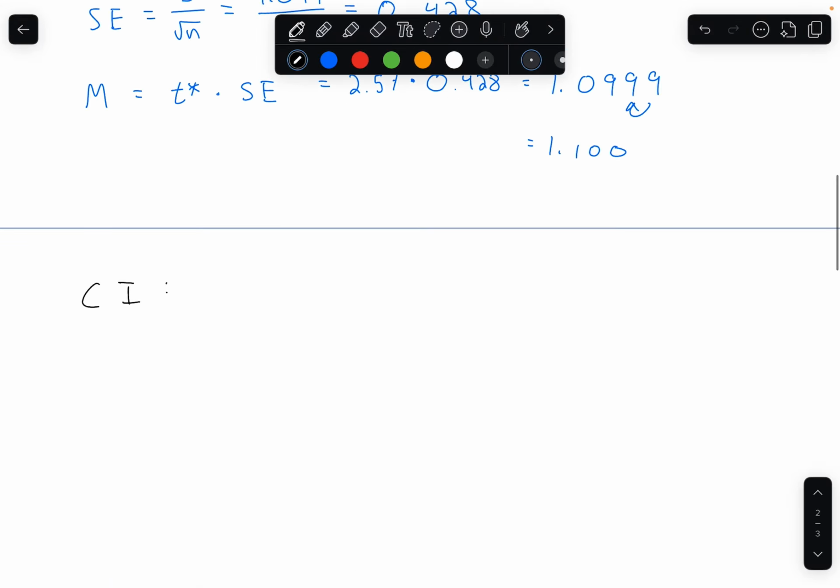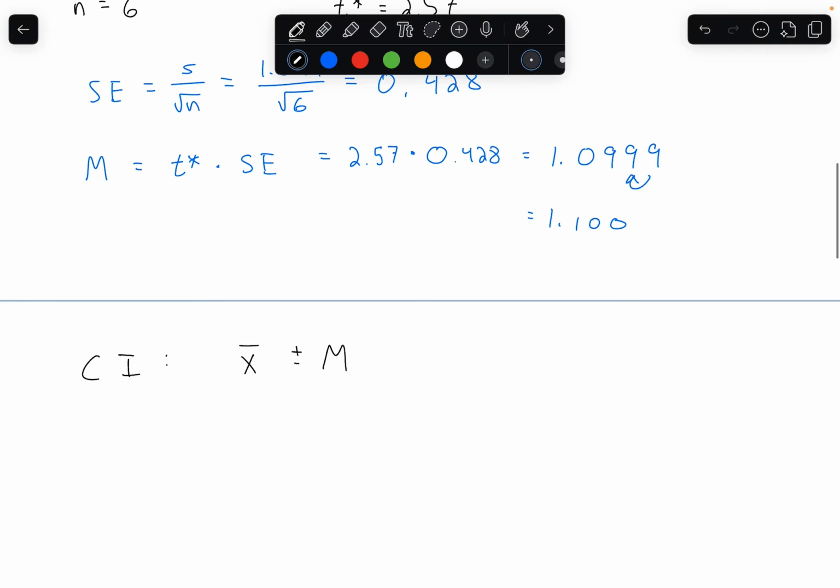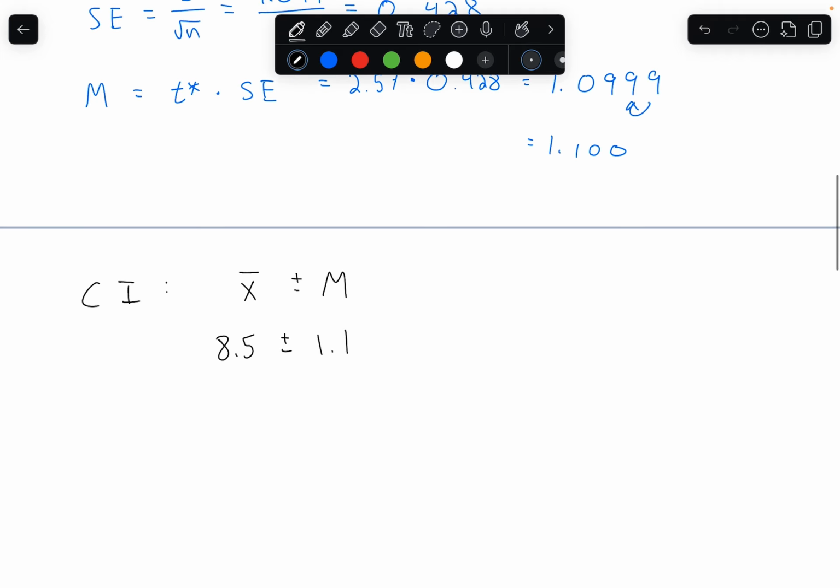So my interval in these types of problems is always X bar plus or minus my margin of error m. So I want to take my X bar, which I have as 8.5, plus or minus my margin of error, which we'll just use 1.1.